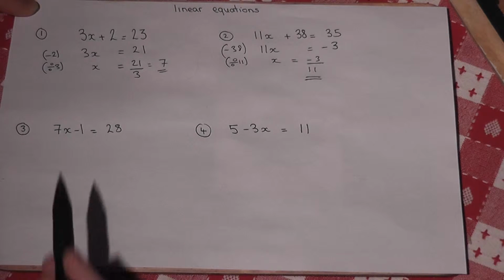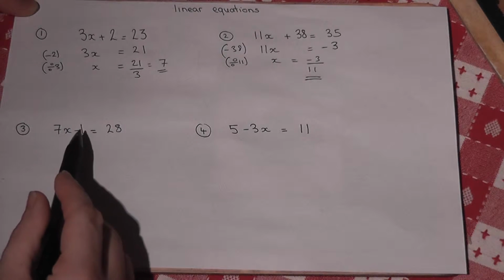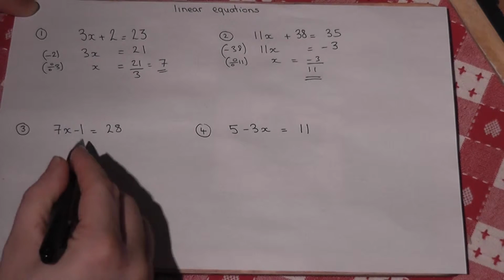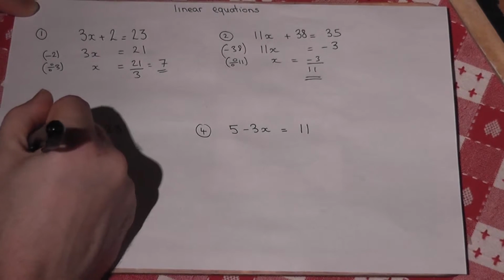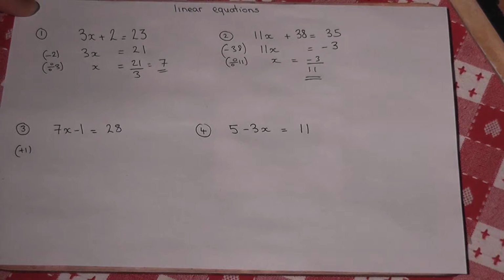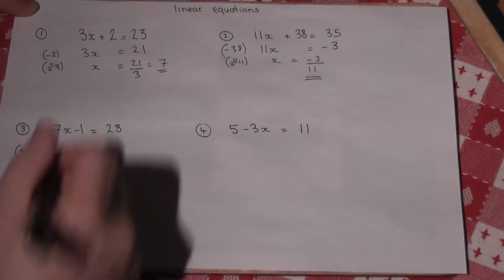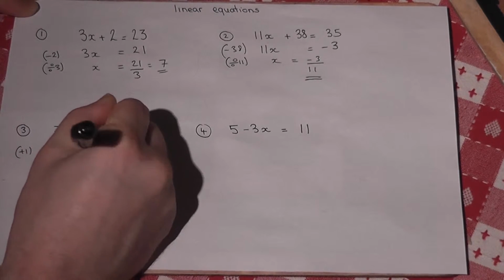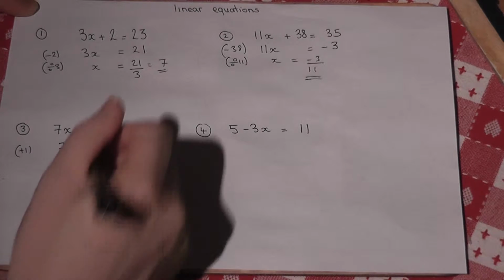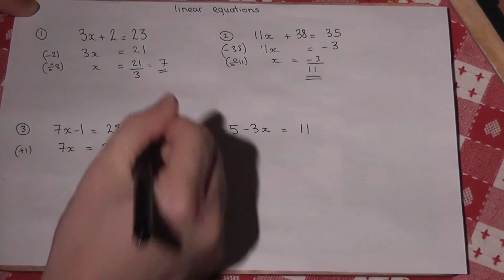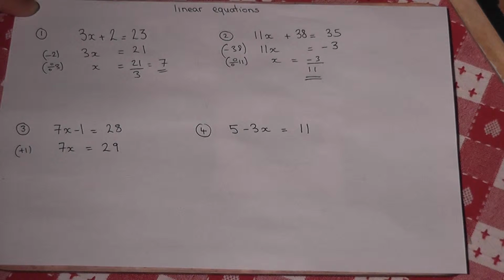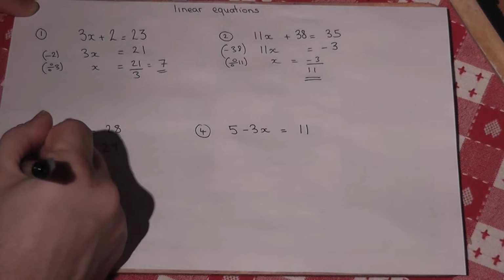So, in the third example, 7x take away 1 equals 28. There's a minus 1 there, so I need to add 1 to both sides. So the left hand side is left with 7x, but on the right hand side I get a 29. I've added 1 to both sides, and then divide by the 7.